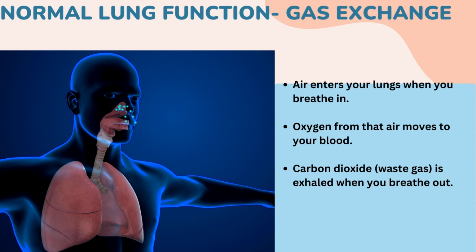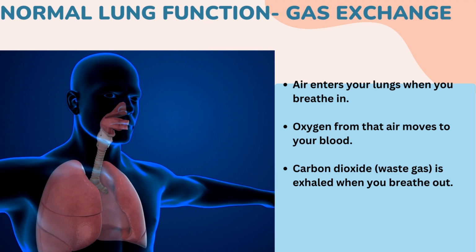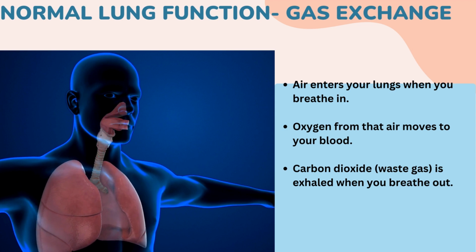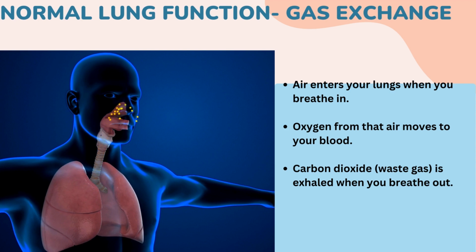Your lungs are a pair of spongy, pinkish-gray organs in your chest. When you inhale, or breathe in, air enters your lungs, and oxygen from that air moves to your blood. At the same time, carbon dioxide, which is a waste gas, moves from your blood to the lungs and is exhaled, or breathed out. This process is called gas exchange, and this is very, very essential to life.